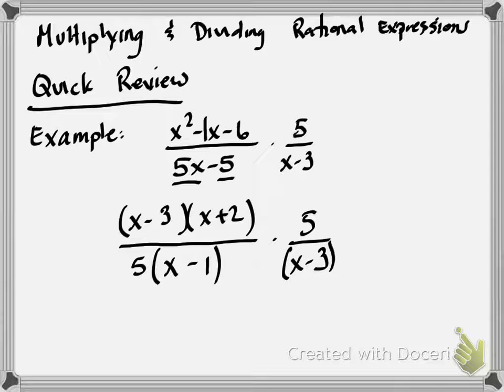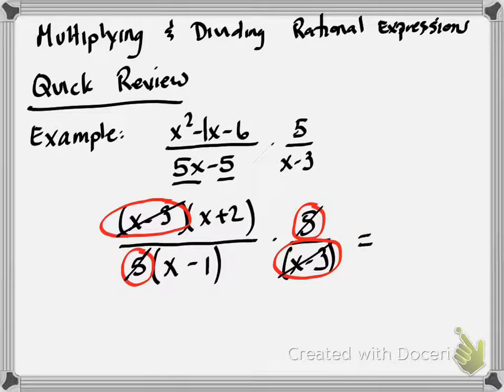And so, if we have this x minus 3 and this x minus 3 and this 5 and this 5 on top and bottom, I can just cancel those out. Cross them out, cross the 5s out. I can't cross anything else out because there is nothing that is identical on top and bottom. So my final answer would be x plus 2 divided by x minus 1.